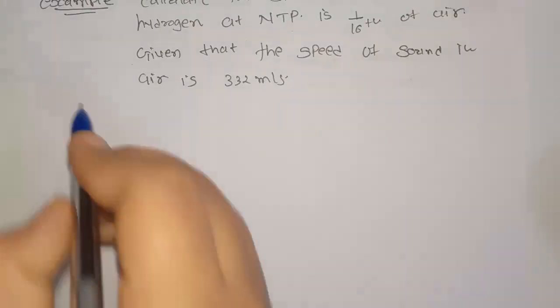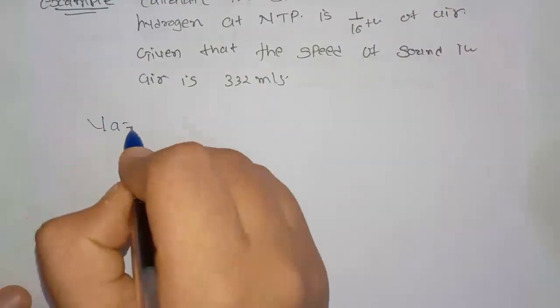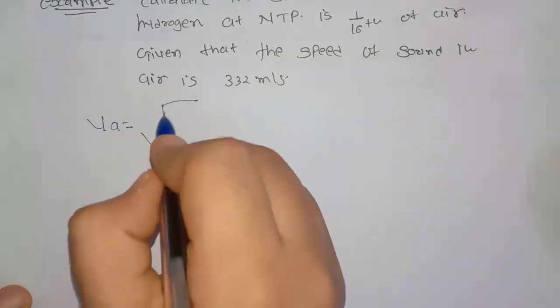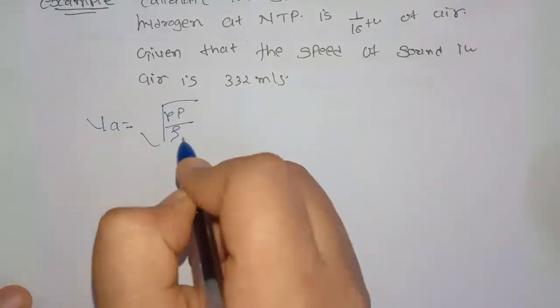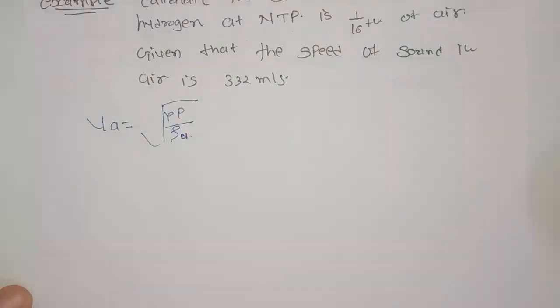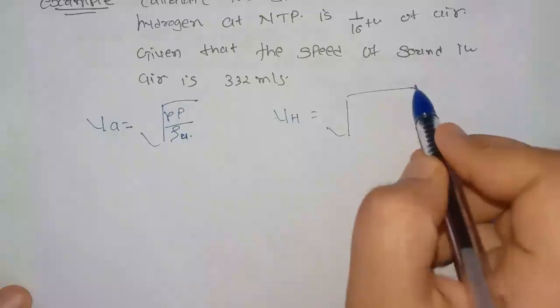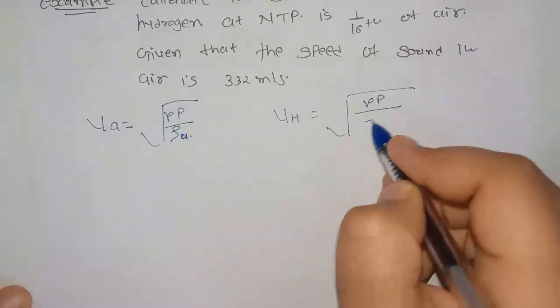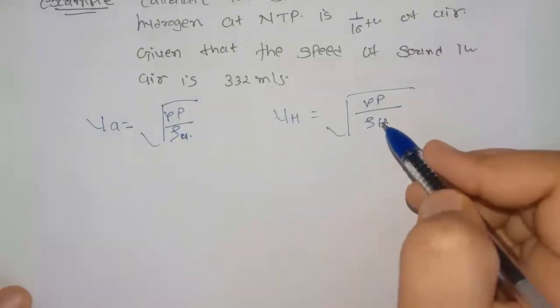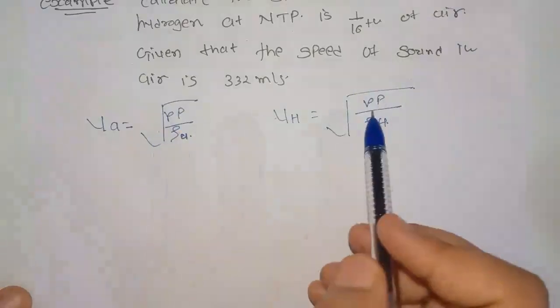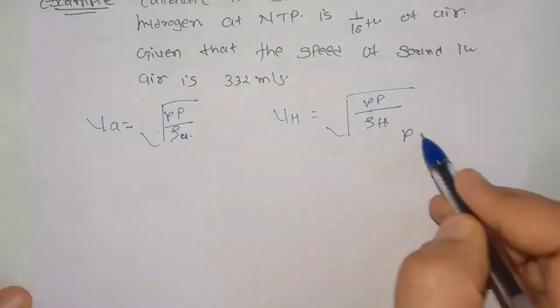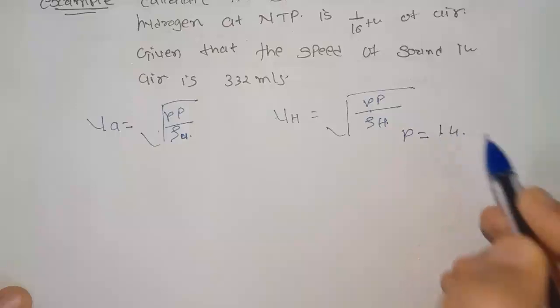The speed of sound in air is given by under root gamma P divided by density of air, and the speed of sound in hydrogen is given by under root gamma P upon density of hydrogen. For air and hydrogen both, gamma is equal to 1.4.